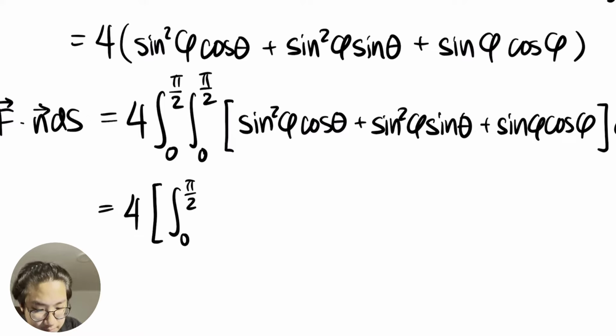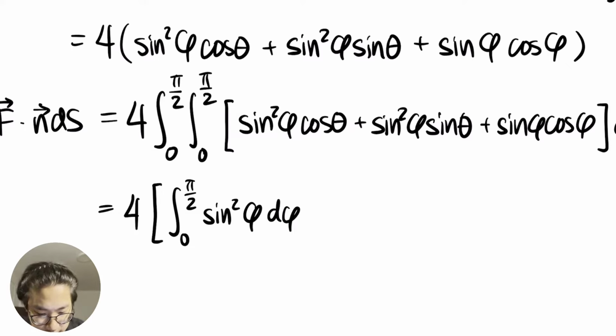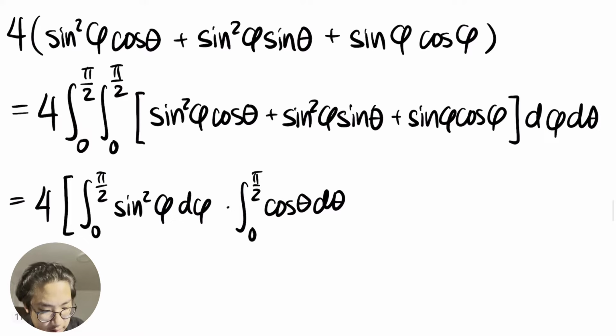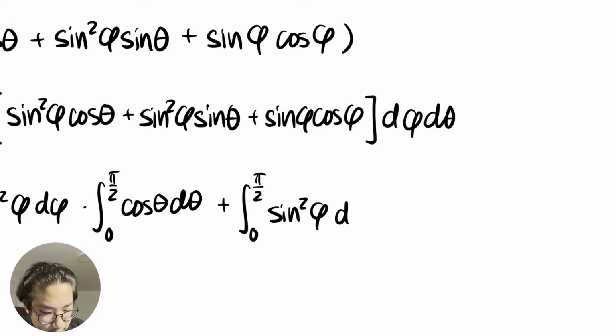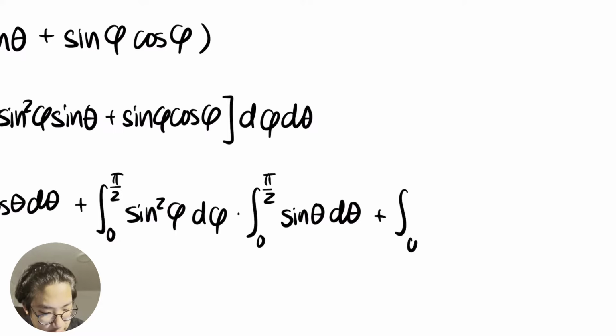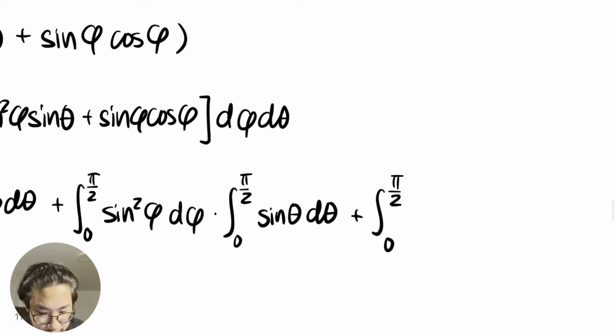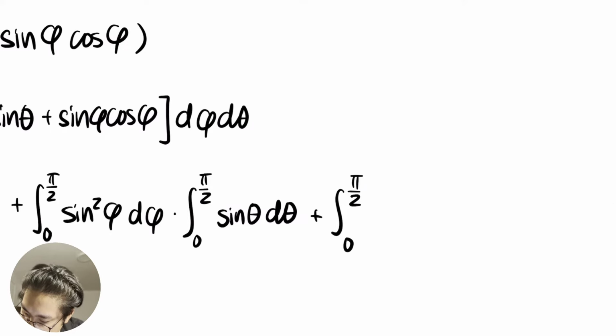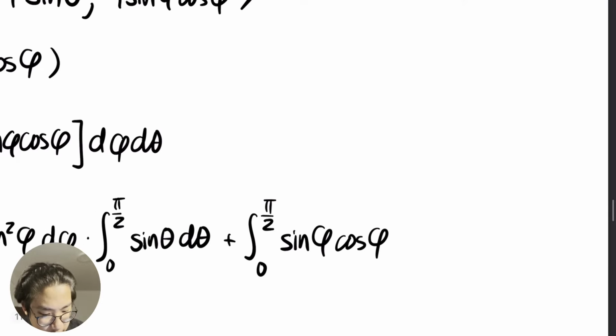The integral from 0 to pi over 2 of sine squared phi d phi, times the integral from 0 to pi over 2 of cos theta d theta, plus the integral from 0 to pi over 2 of sine squared phi d phi, times the integral from 0 to pi over 2 of sine theta d theta, plus the integral from 0 to pi over 2 of sine phi cos phi d phi.